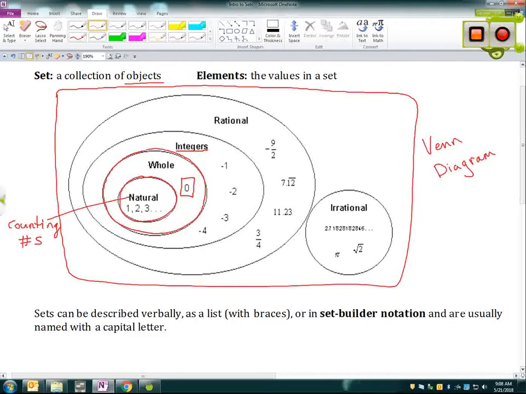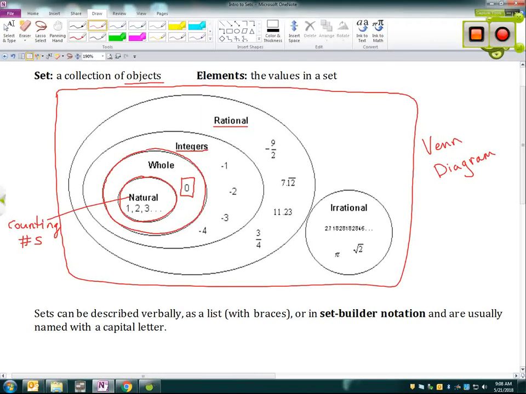And then moving out a little bit further, we have rational numbers, okay? Rational numbers are sometimes defined a little bit differently, but a rational number is a number that can be written as a fraction of integers. So remember what an integer is. It's a whole number. It doesn't have any decimal or fractional part to it.